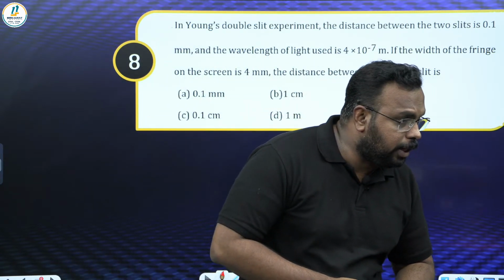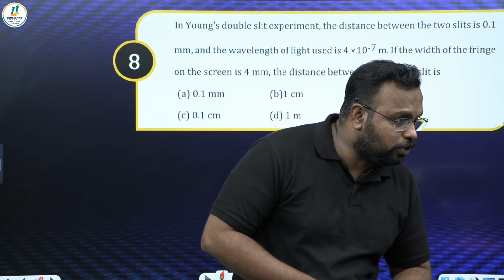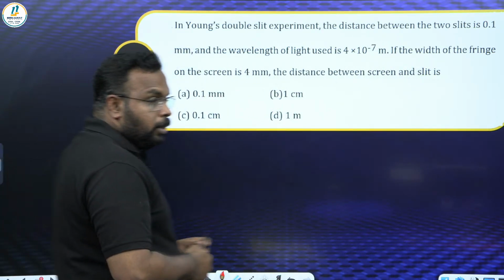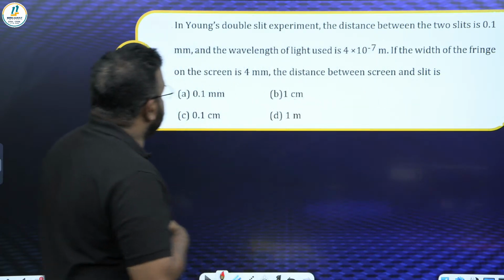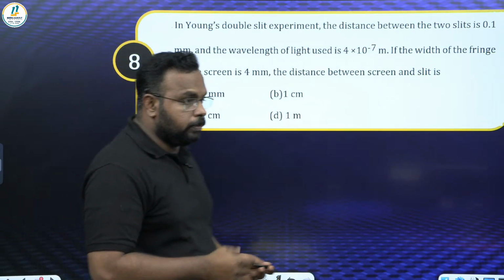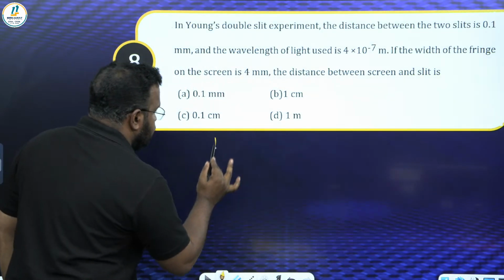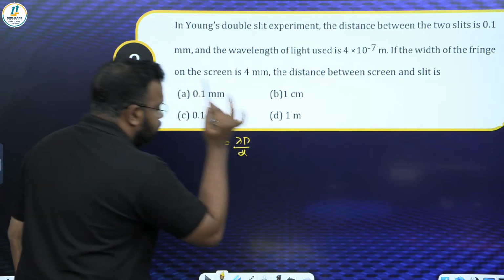Yes, I can see the answers. I hope you are commenting the answer for this question only, G, not for the previous one, right? Okay, so just substitute and find it. What is the formula? Again beta, right? Beta is equal to lambda D by small d.